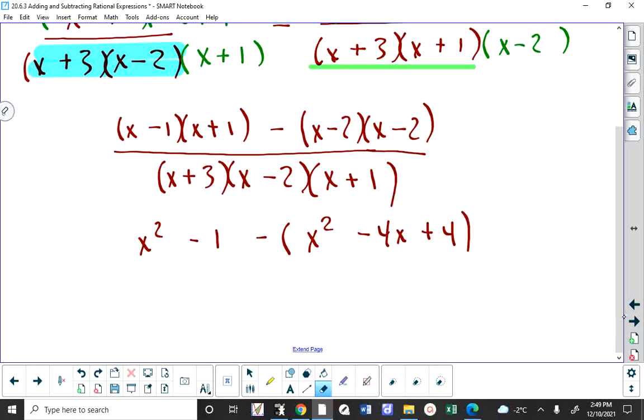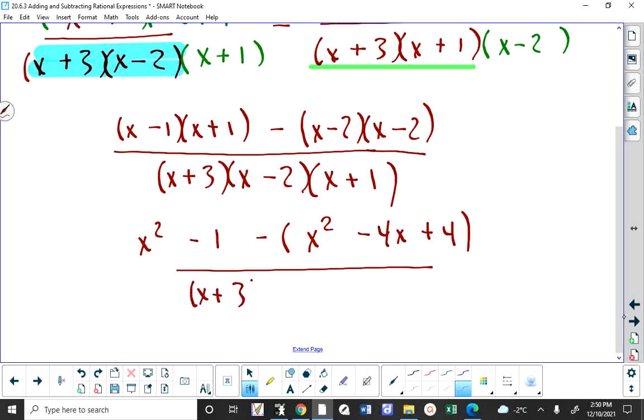By now you should be fine with going from x minus 2 squared to x squared minus 4x plus 4. It'll be minus 2x minus 2x. This is over x plus 3, x minus 2, x plus 1. I mean, goodness sake, you don't want to multiply that stuff out. Leave it all in factored exposed form so that you can cancel it later if you have to.